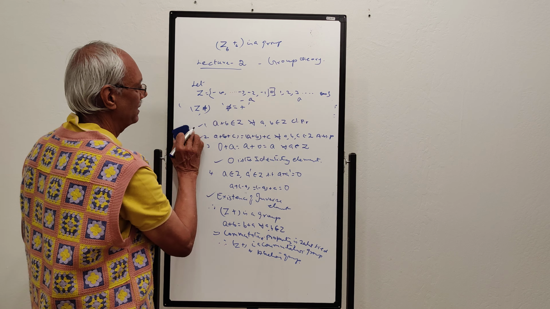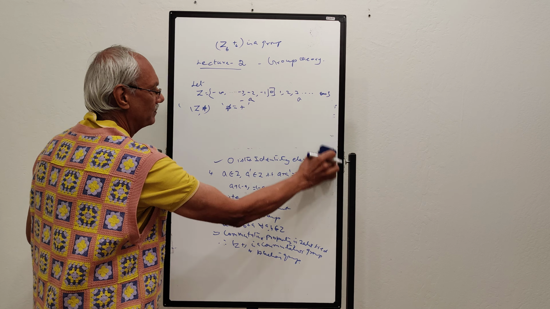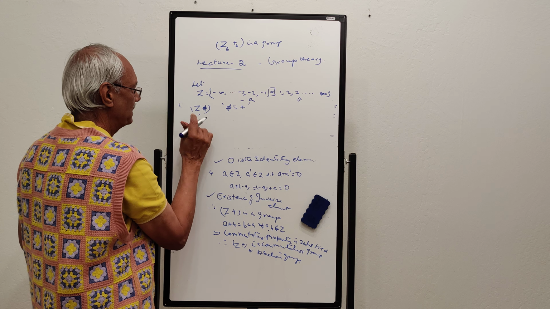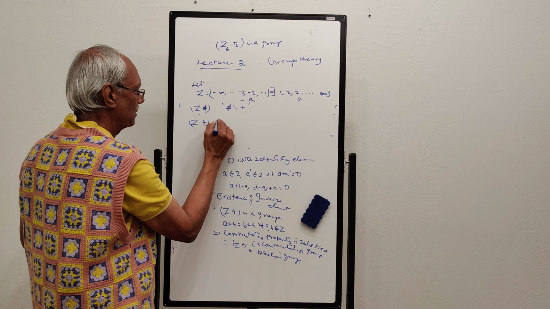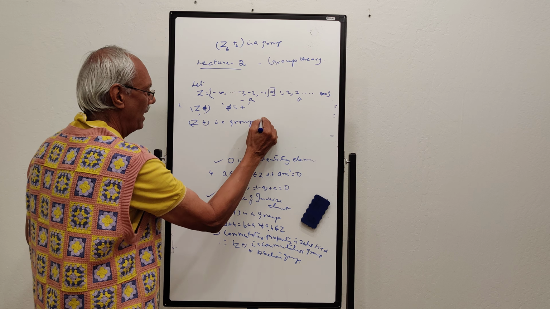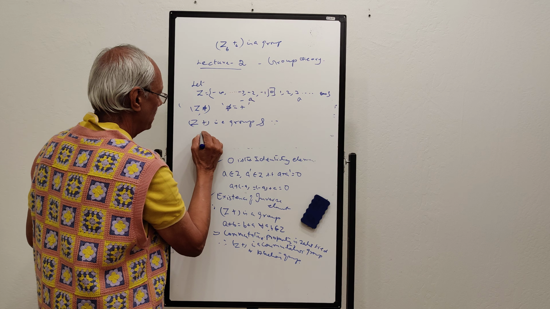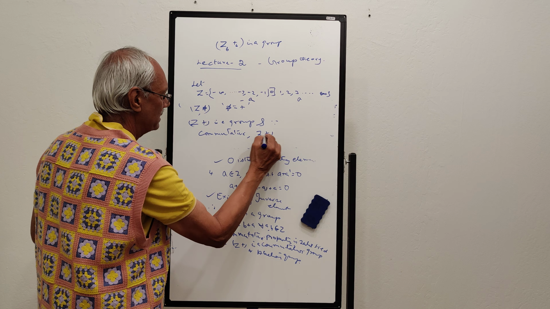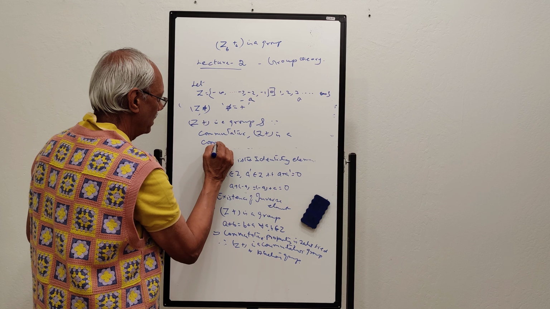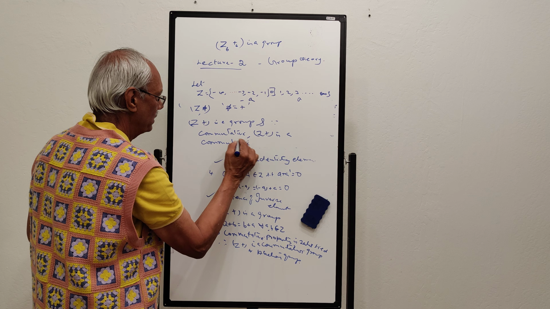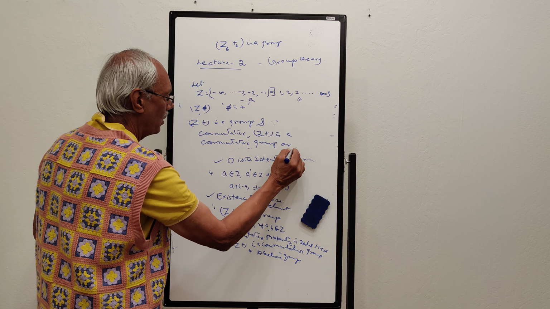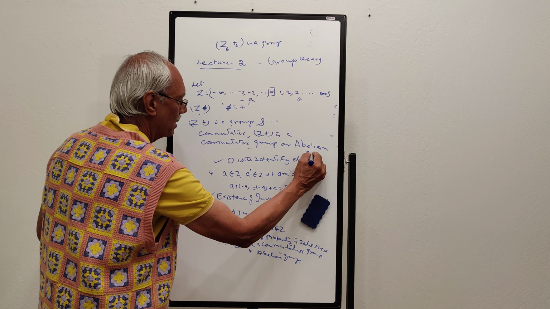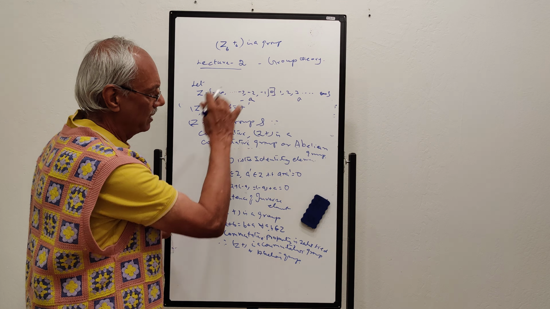Since Z plus is a group, and since it is commutative, Z plus is a commutative group, or abelian group.